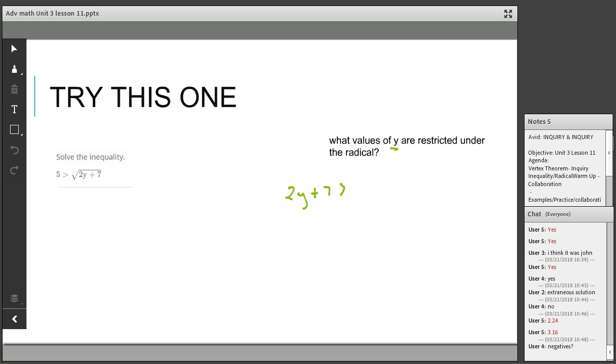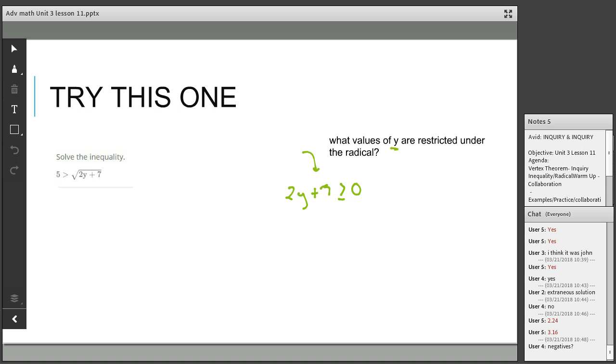You can't have a negative. So 2y plus 7 must be greater than or equal to 0. It cannot be negative. So what values of y are allowed?